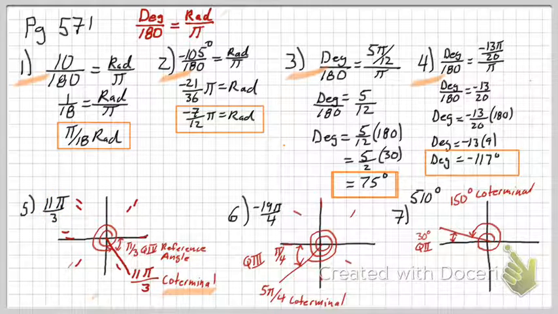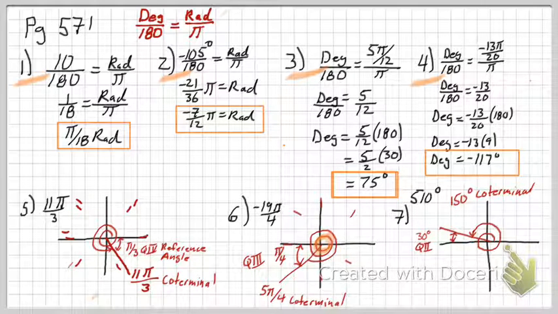Okay, so let's look at number 6. What do we do now? We're just counting in quarter pies backwards. So I started here and I went in this direction. 1/4, 2/4, 3/4, 4/4, 5/4, 6/4. I should have 8. 1, 2, 3, 4, 5, 6, 7, 8.